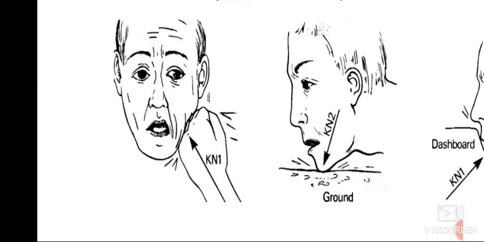In kinetic energy 2, the object is stable, here the object is the ground, and the patient is in movement. The patient has fallen on the ground directly over the chin. This is usually called a parade ground fracture or guardsman fracture.